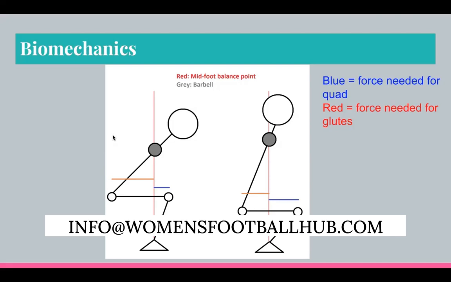And so looking at this picture here, you have the orange and you have the blue line. Looking at this first blue line here, we see that the line from the knee to the center of mass, which is that vertical red line, is smaller. When you look at this blue line, it is much larger. And so the comparison between those two is showing us how much force we need from the quad.